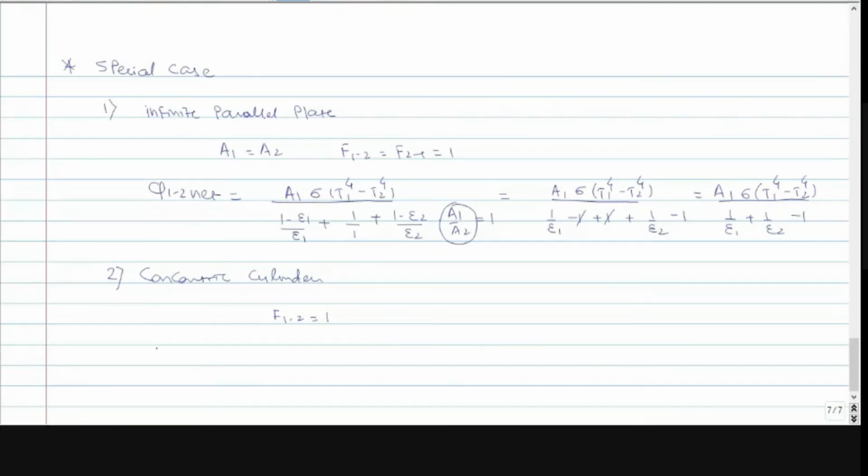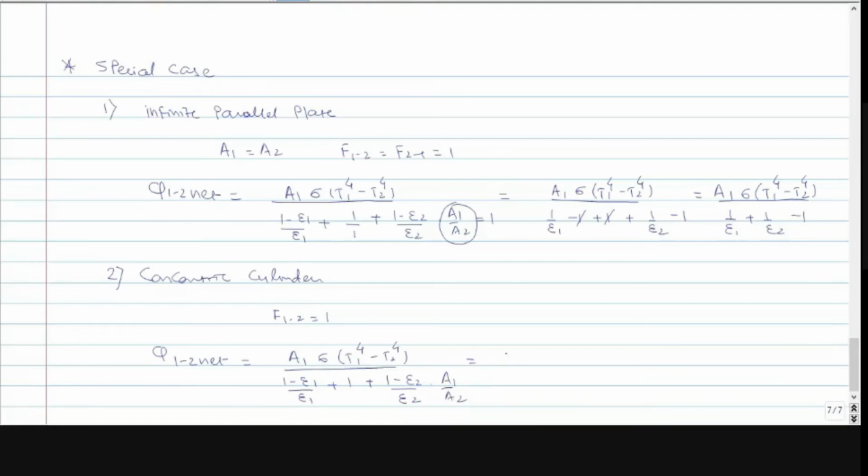Now our expression in this case becomes Q12 net equals what we got over here: A1 sigma (T1 to the power 4 minus T2 to the power 4) divided by (1 minus E1) upon emissivity 1 plus 1, because F12 is 1, then we have (1 minus emissivity 2) upon emissivity 2 into A1 divided by A2.